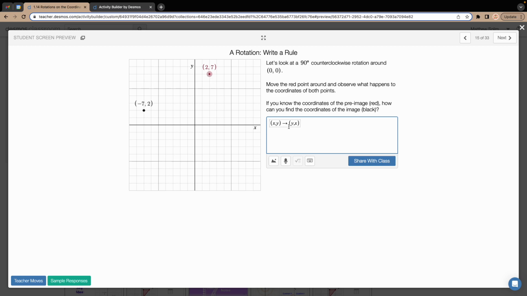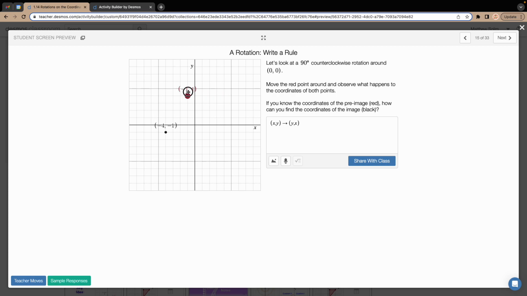The other thing that changes is the sign. Now the sign is a little tricky because here it's positive, positive, now it's negative. Here it's negative, positive, now it's negative and negative. And what's happening is it just depends on what quadrant you're in. So in quadrant 1, x is positive, y is positive, but in quadrant 2, x is negative, y is positive.